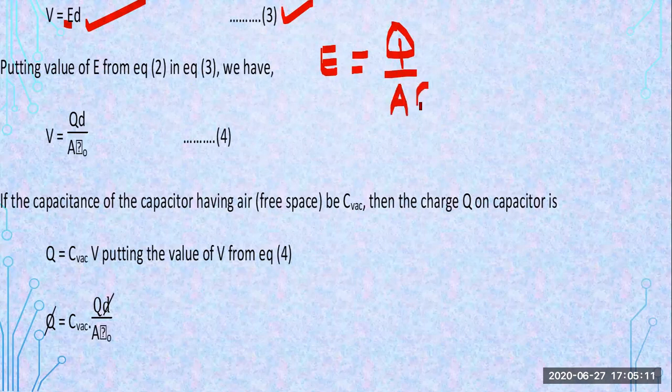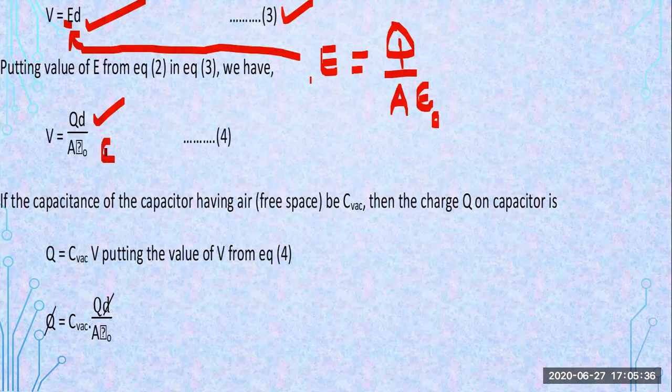After putting this value in this equation, it becomes Q D divided by A epsilon naught. This is the formula which is used to calculate electric potential.